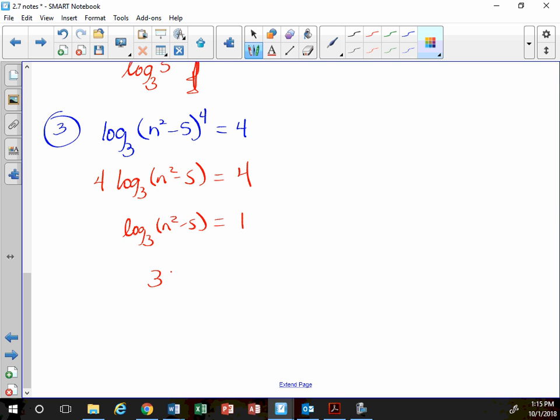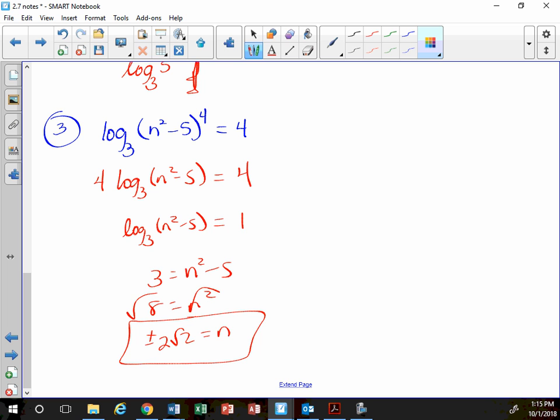So then it's 3 equals n squared minus 5. It's fine if you figured out 81 and then took the 4th root of everything. That's all okay. You can still get there. But think about those exponent rules to help simplify things for you, okay?